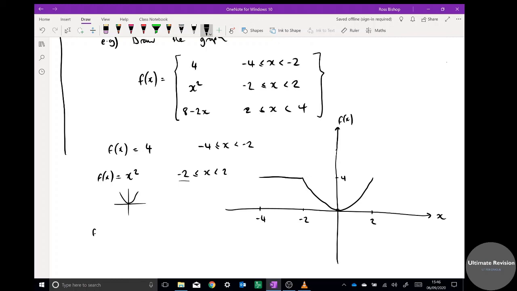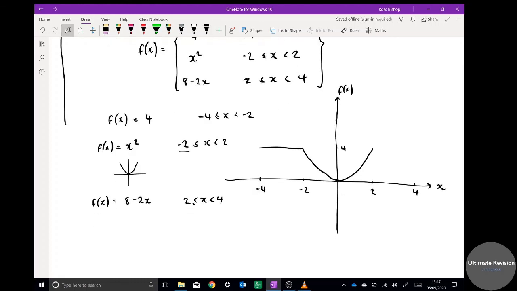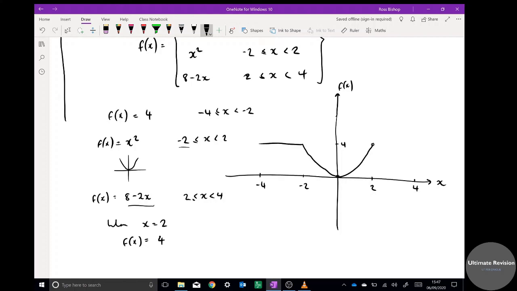And the final part, f(x) equals 8 minus 2x between 2 and 4 this time, so 4. Okay, it's a linear graph again. So I check when x equals 2, f(x) is going to, if I put 2 in there, I get 4 as an output. So that's exactly the same as the previous part, so that's okay.